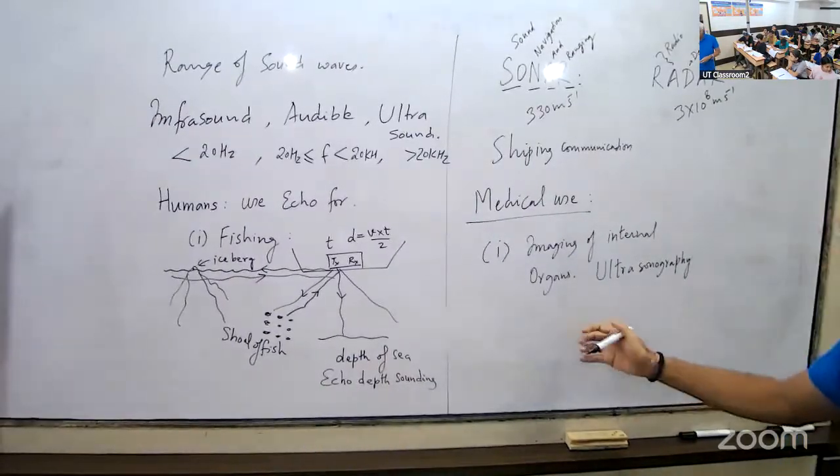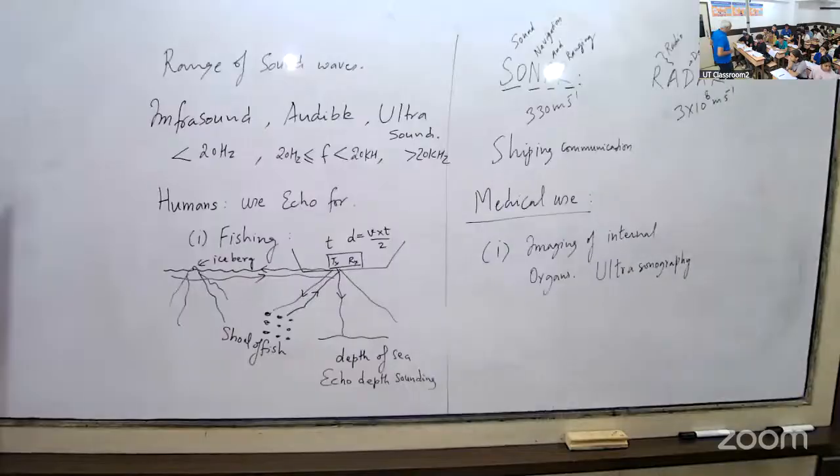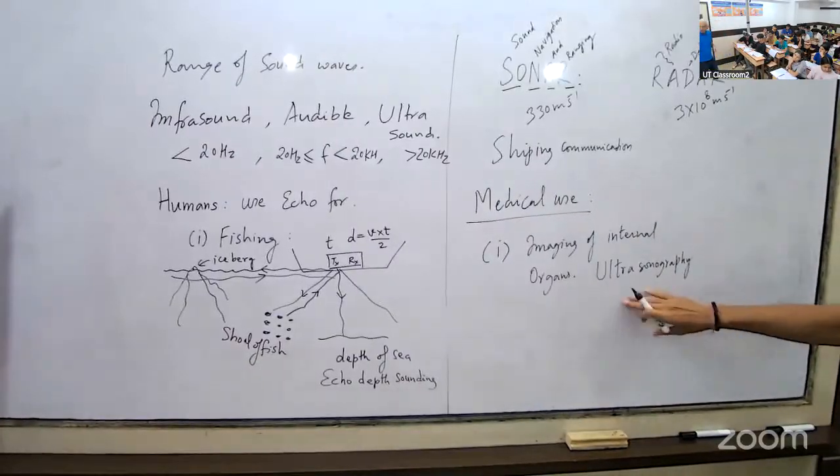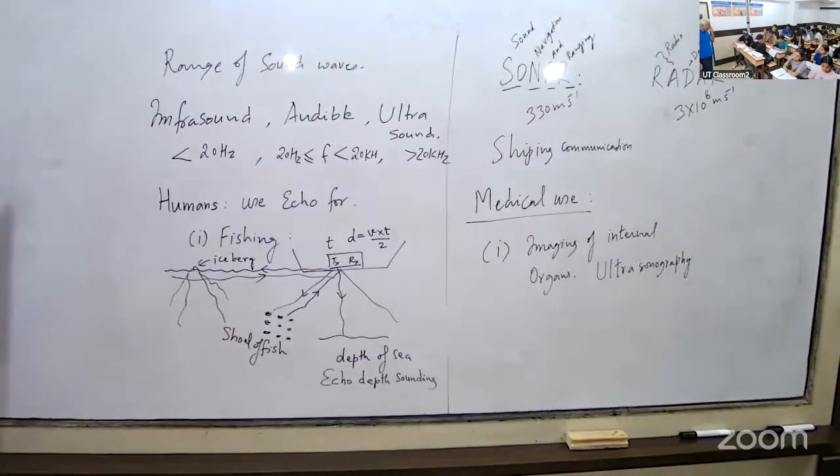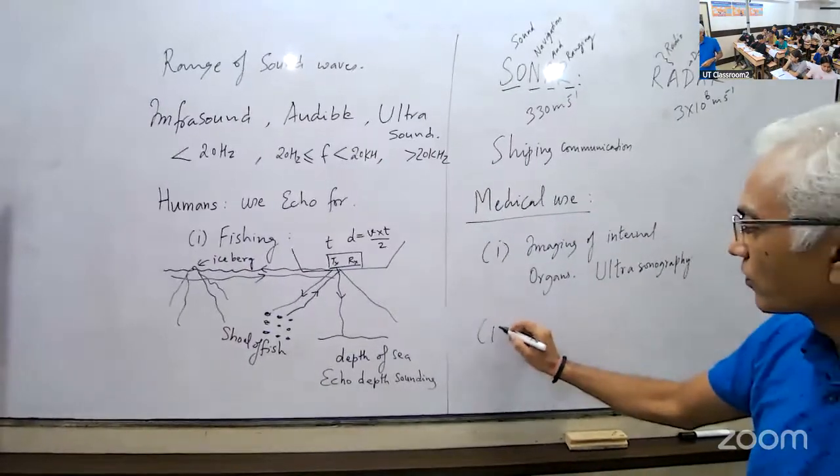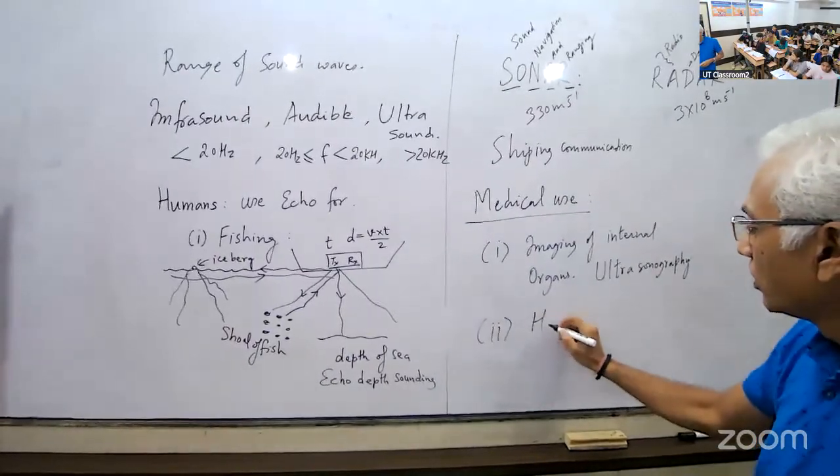Images of the intestines, gallbladder, uterus, liver, etc. can be obtained using ultrasonography. Second, heart imaging.